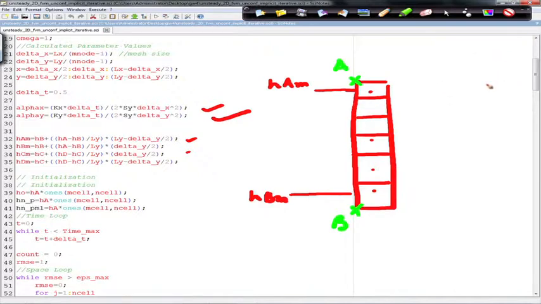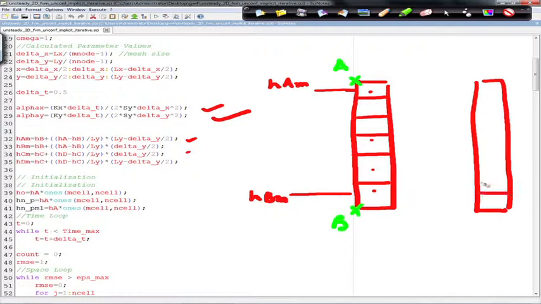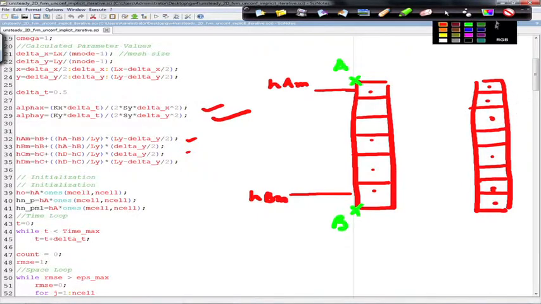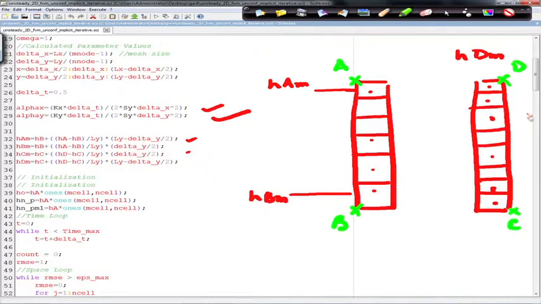Similarly, for C and D, this is C, this is D. Obviously, in this case also we will have HD modified for this level and HC modified for this level.